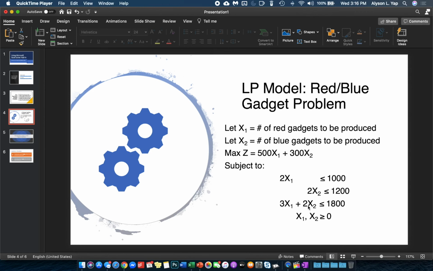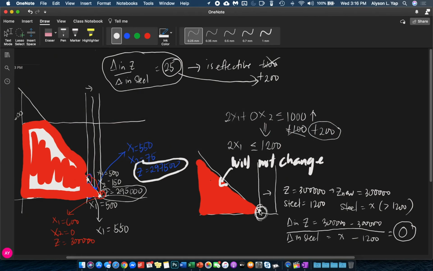That is why, if you remember, at this point the solution is x1 equals 600 and x2 equals 0. So from an original x1 equals 500 and x2 equals 150, the company decided to not produce blue gadgets anymore. That's why from 150 it became 0.